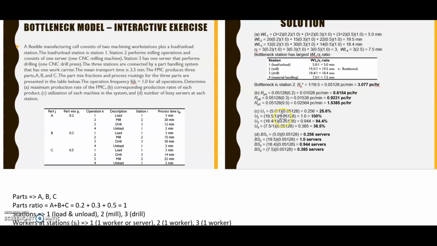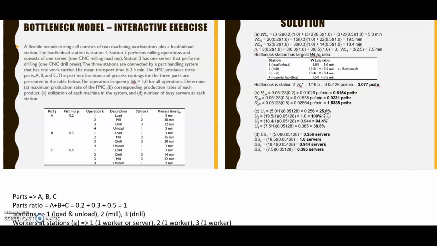Solving these equations gives the percentage of utilization for each machine, and you will see that the utilization at station 2 is 100%, meaning it is at maximum production.